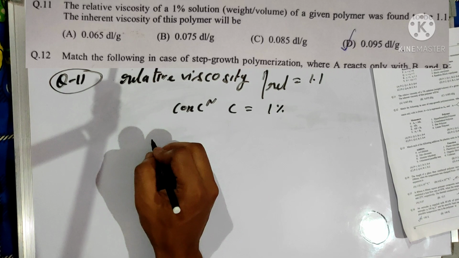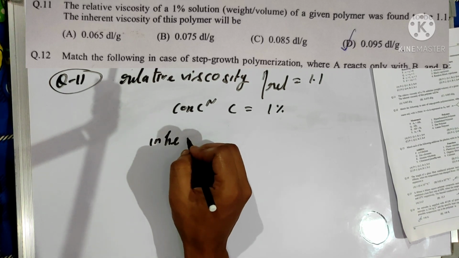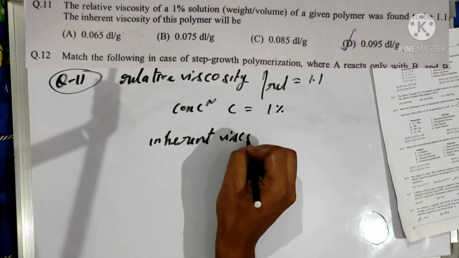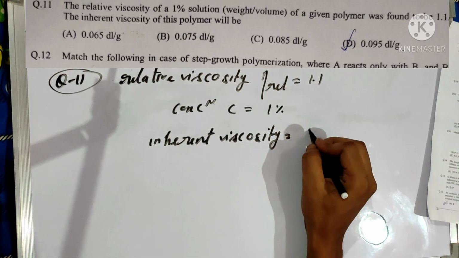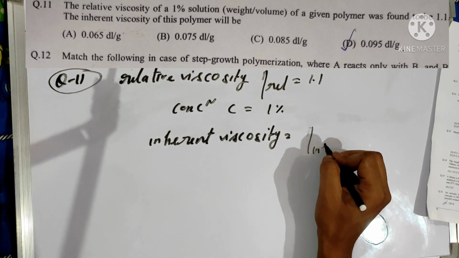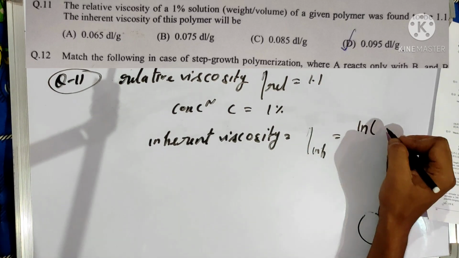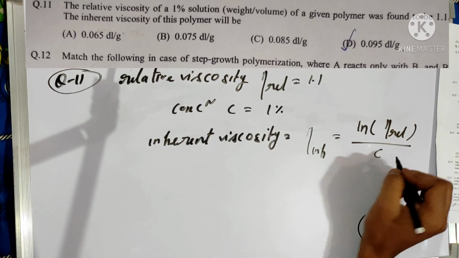You know that inherent viscosity η inherent is equal to ln of relative viscosity divided by concentration.